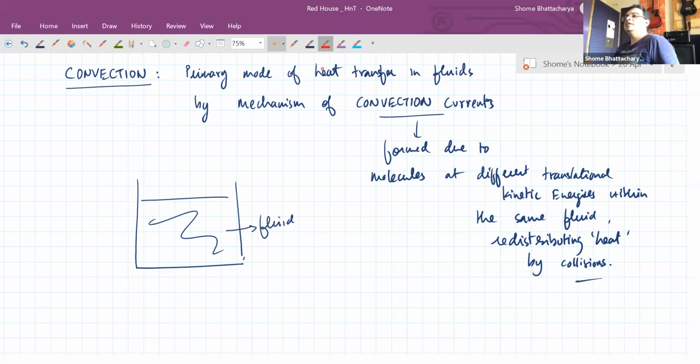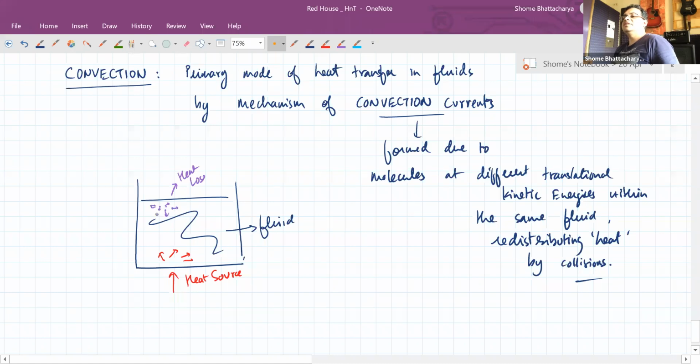Now if you supply some heat from this end, so there is a heat source here, let's say. What happens is that the liquid molecules here gain more kinetic energy. And suppose the environmental temperature is lower, so there is heat loss happening from here. So these molecules are comparatively moving with lesser kinetic energy.